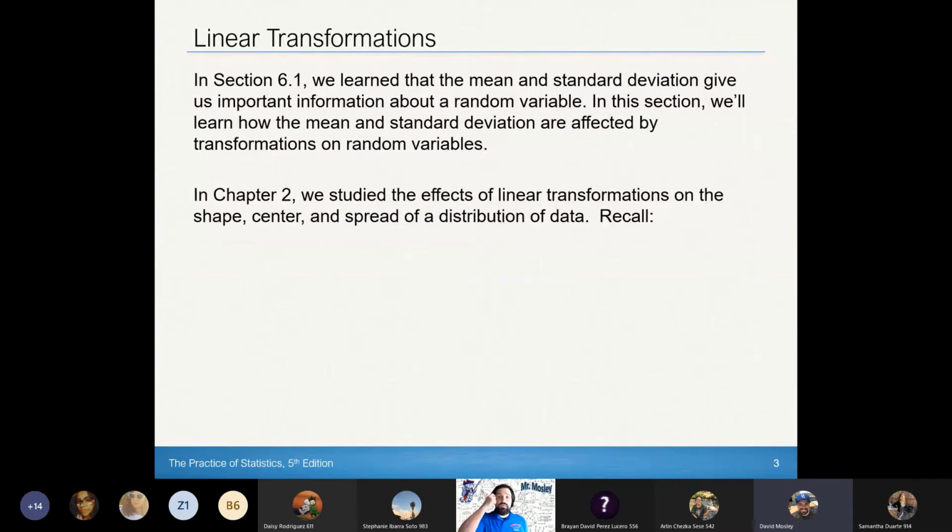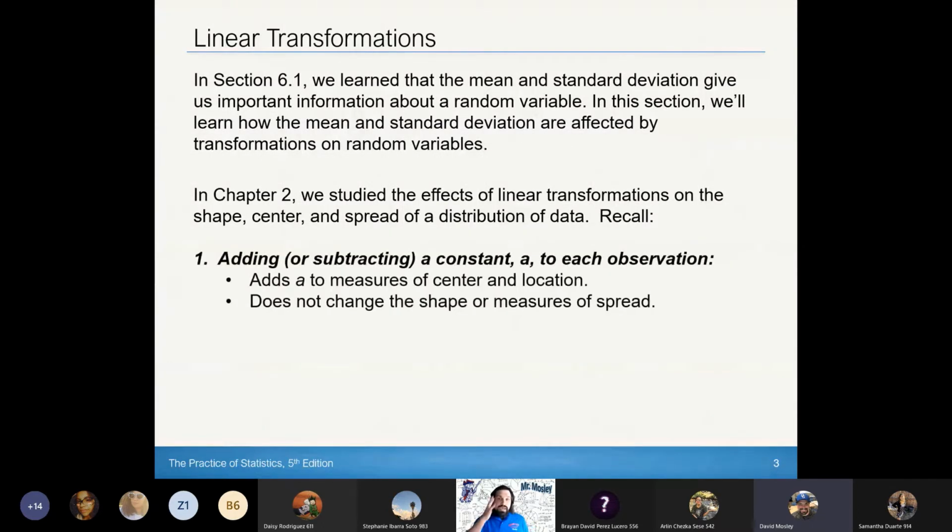All right, so in section 6.1, we learned that the mean and standard deviation give us important information about a random variable. In this section, we'll learn how the mean and standard deviation are affected by transformations on random variables. In chapter 2, we studied the effects of linear transformations on the shape, center, and spread of a distribution of data.